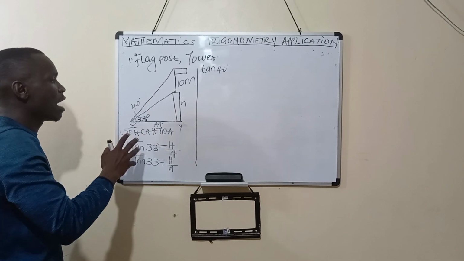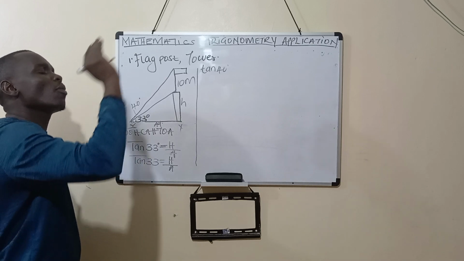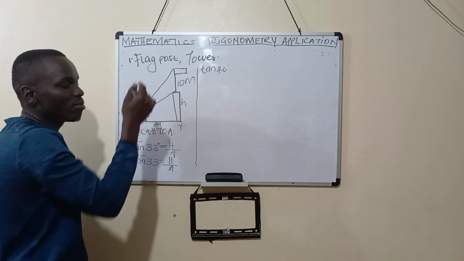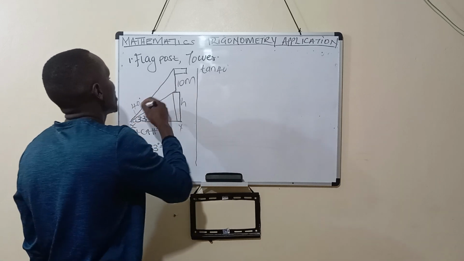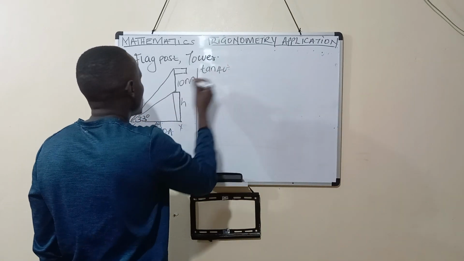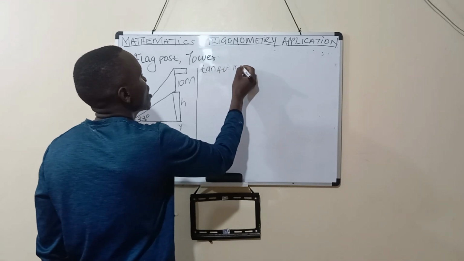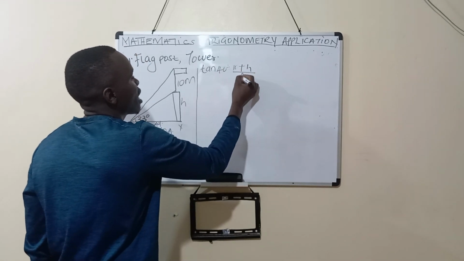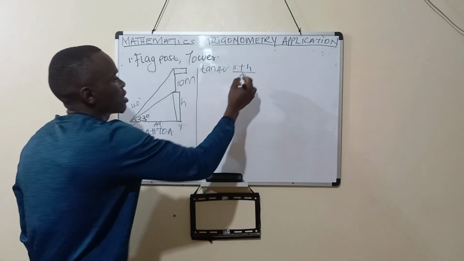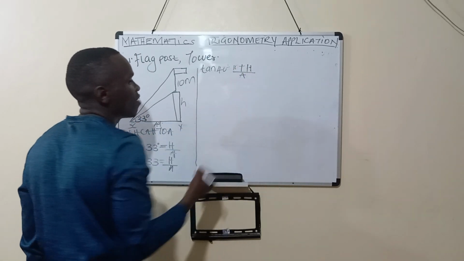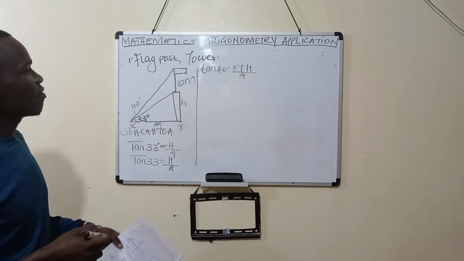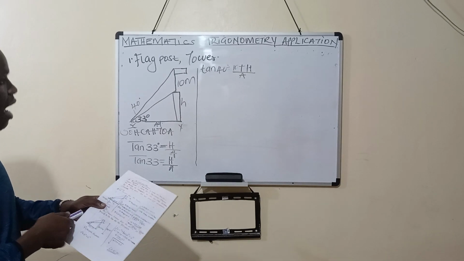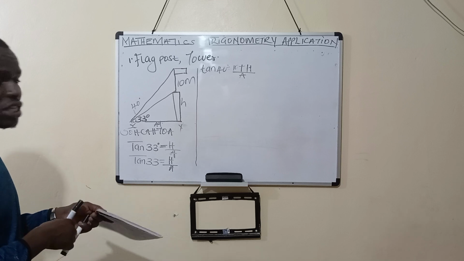It is the angle of elevation to the top of the flag post, inclusive of the height and 10 meters. So tan 40 is going to be given by opposite, which is 10 plus h, all over adjacent, which is unknown.